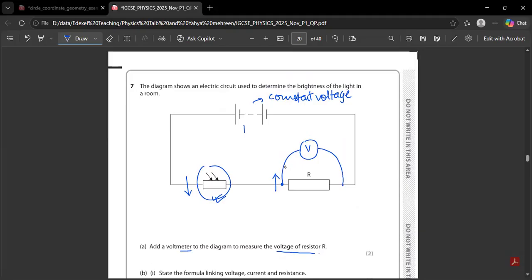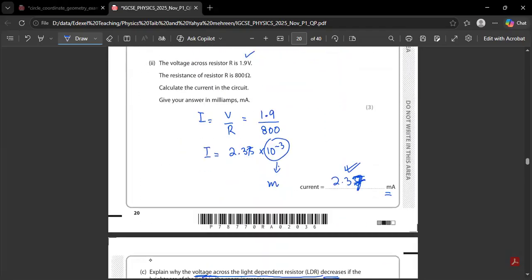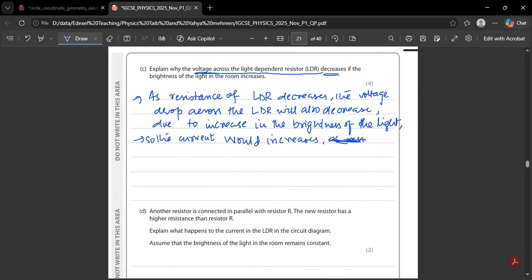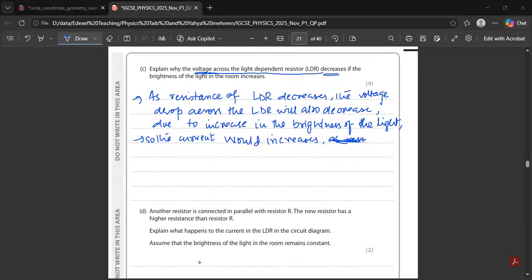For example, if I have 12 volts here and initially I had 7 volts and then 5 volt. Now when the voltage decreases, let's say it comes to 4 volt, the other has to increase to make it 12. So this is how it happens in a series circuit. If one voltage decreases, the other has to increase to make the sum constant, right?